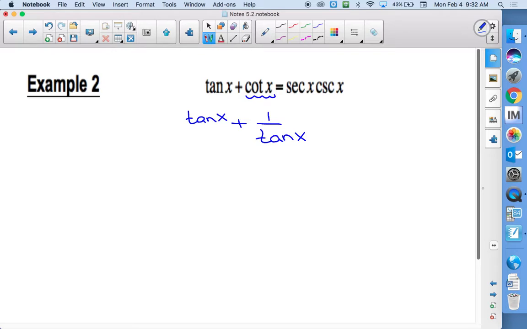Emerson? So, did anybody do this? Jake, what'd you do? I turned tangent and cotangent into sine x over cosine x plus cosine x over sine x.